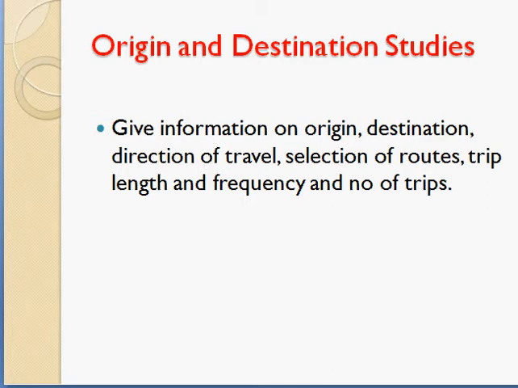Suppose we have three passengers. One travels from home to his workplace, another from home to her workplace, and the child from home to school. Hence three trips come in one vehicle. All these data can be obtained from origin and destination studies.